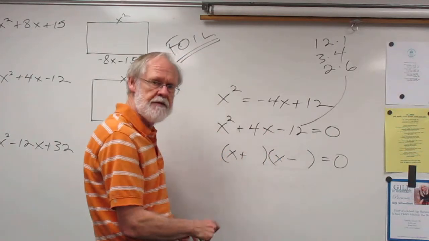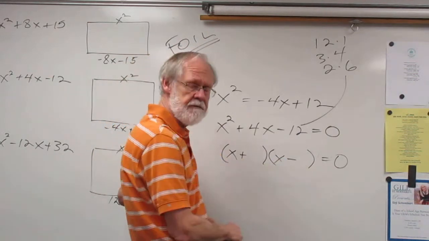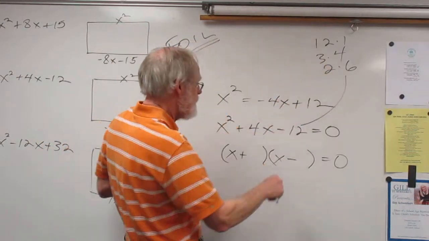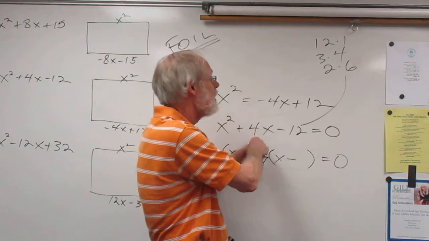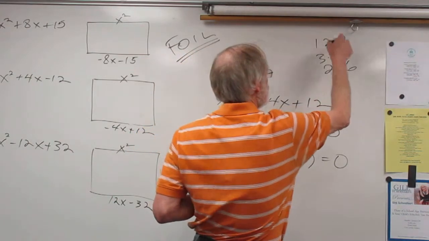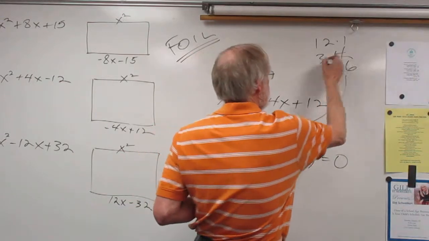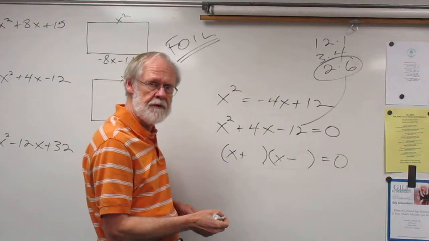So this is the only possibility for signs, and it doesn't matter which one goes where because everything is the same so far. So, we now take a look at these, and that means we're going to take the difference between the two numbers to get a 4 here. Well, 12 minus 1 is 11, 4 minus 3 is 1, or negative 1, and this one is going to work, 2 and 6. Now the question is which one goes where?